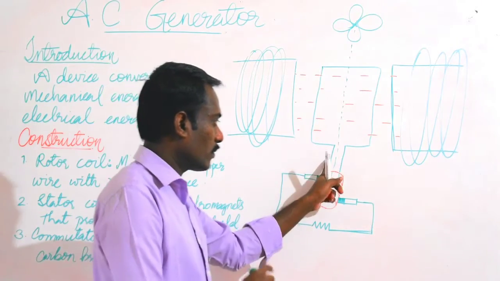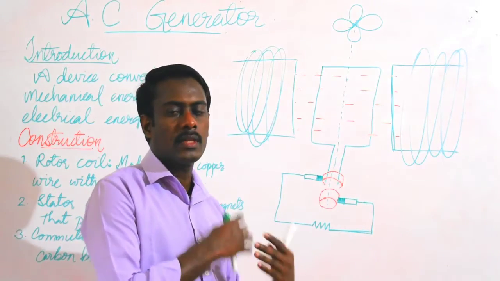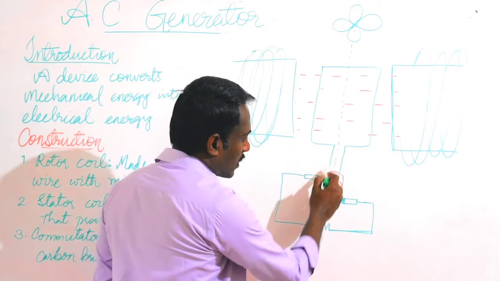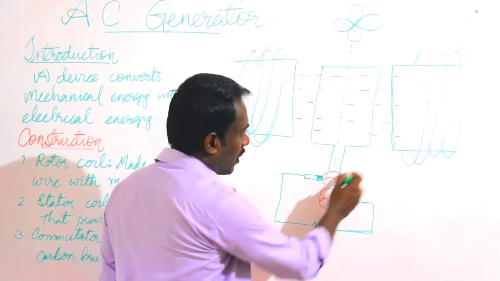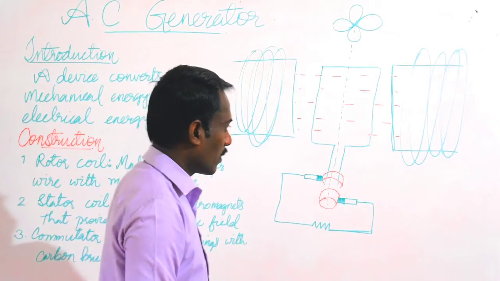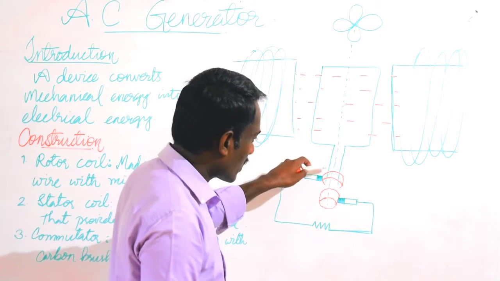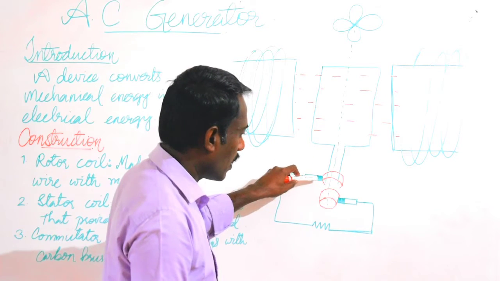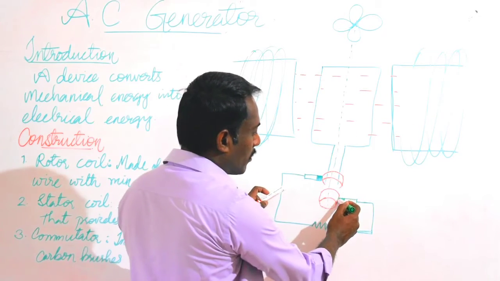As the shaft rotates, the rings also rotate. One end of the coil is connected to the first ring, and the other end of the coil is connected to the second ring. When the electric current comes to the first ring, it becomes positive, and automatically the other ring becomes negative.